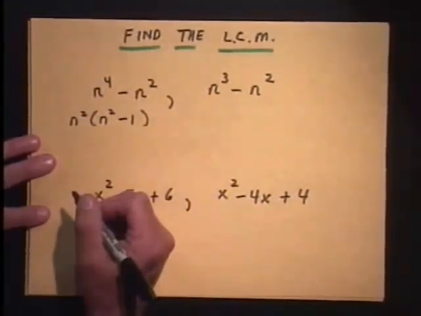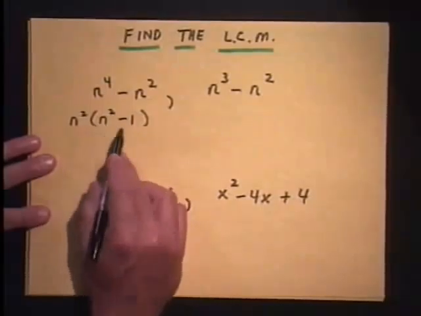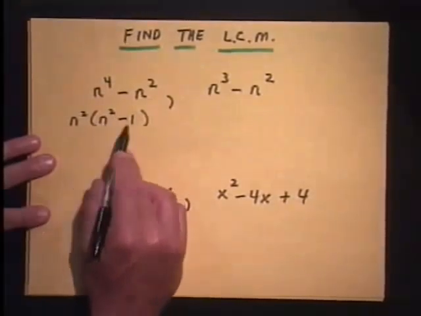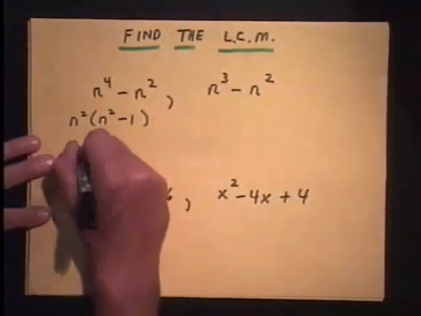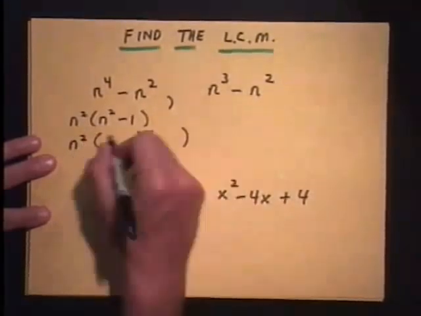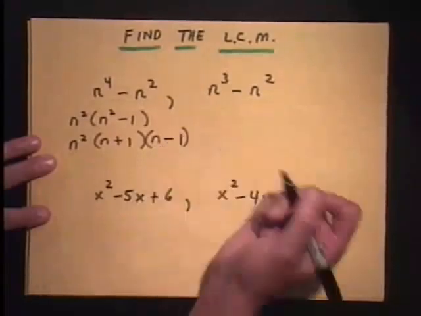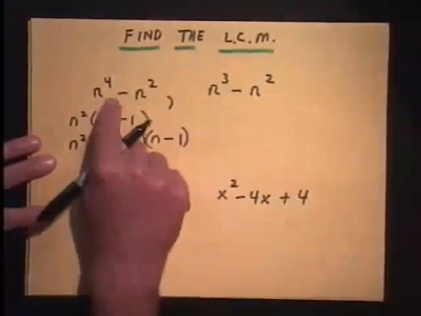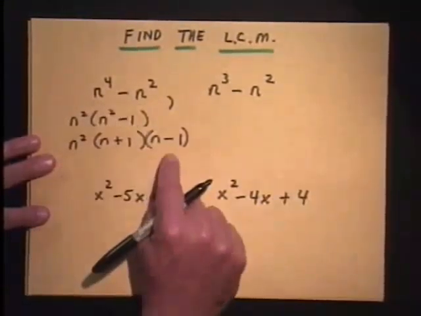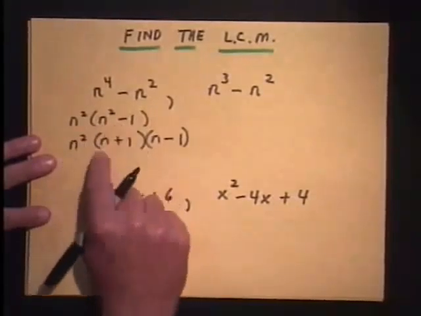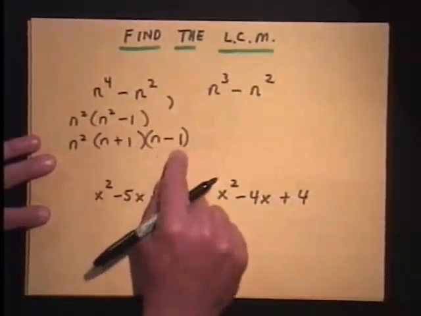Now, am I done factoring? No, because there's the difference of squares. Yes, there they are. So we can break the difference of squares apart into n plus 1, n minus 1. All right, so now we have this binomial completely factored by taking out that greatest common factor first and then factoring the difference of squares.